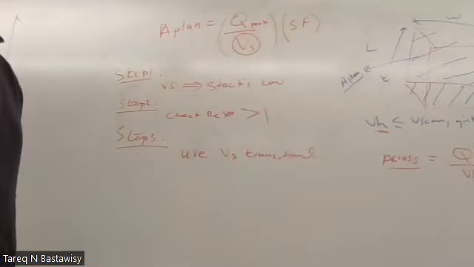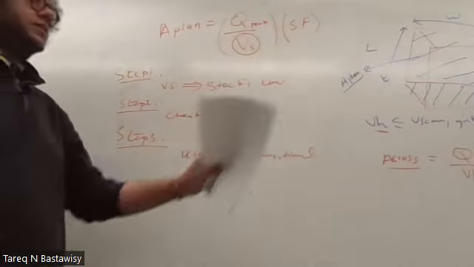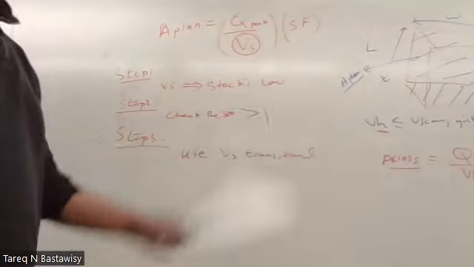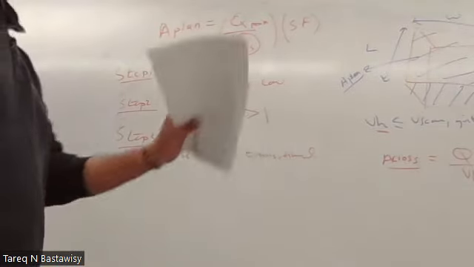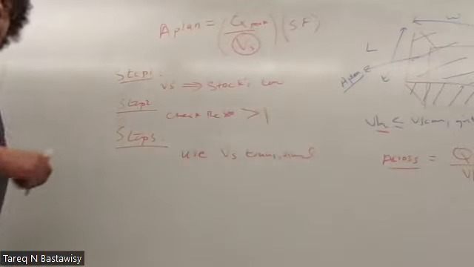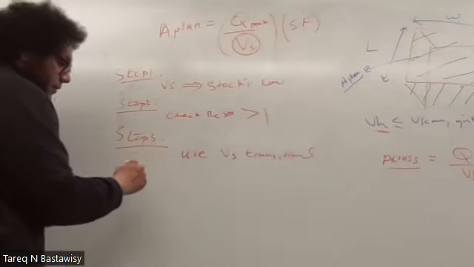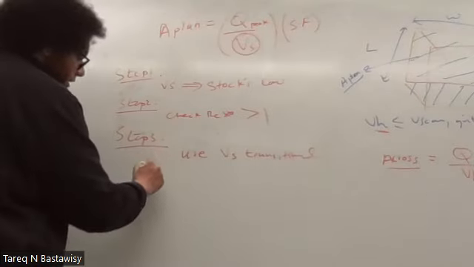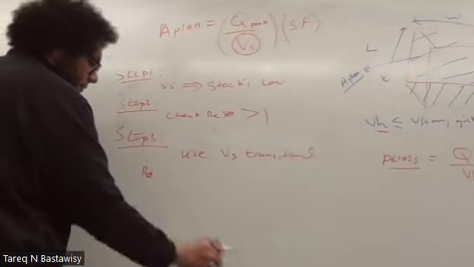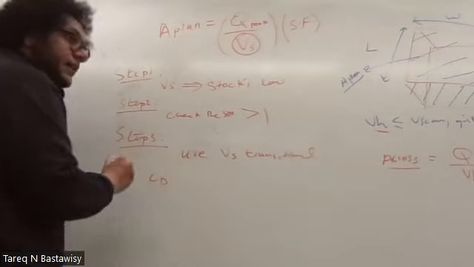Wait, what's Vs transitional again? Vs transitional is the other equation of velocity, the one that has the drag coefficient. You use the Re to solve for the CD.